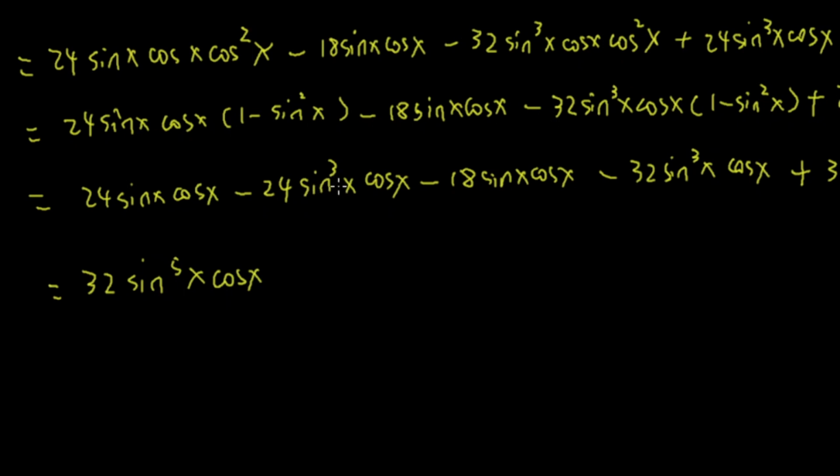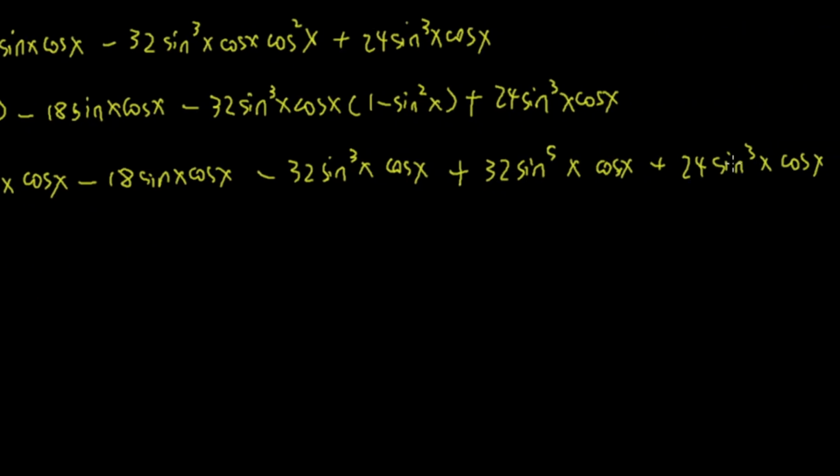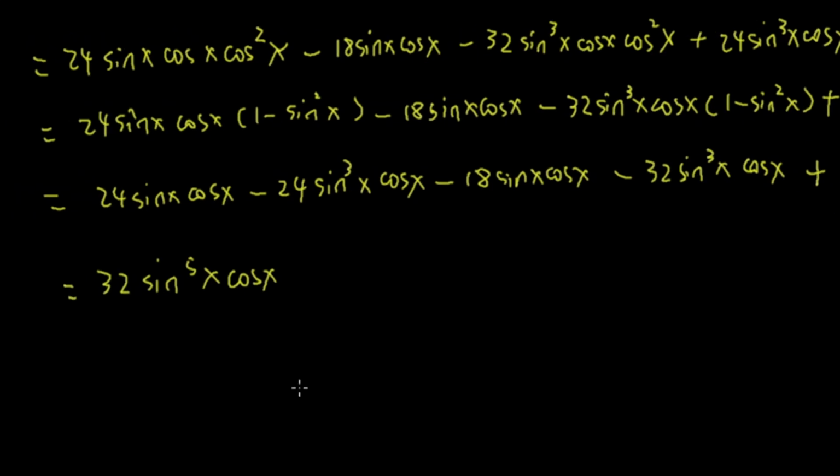So minus 24 sine cube x cosine x minus 32 sine cube x cosine x plus 24 sine cube x cosine x. So this and this will cancel out. All I have left is just this. So minus 32 sine cube x cosine x.